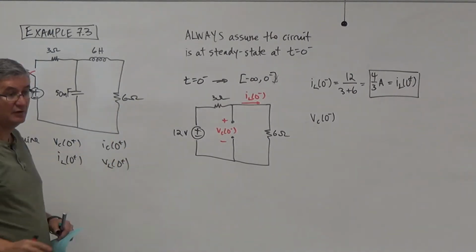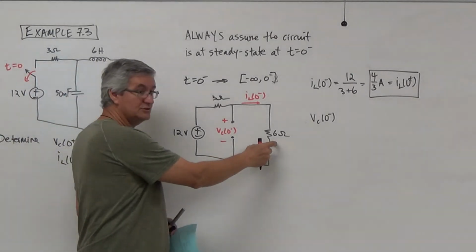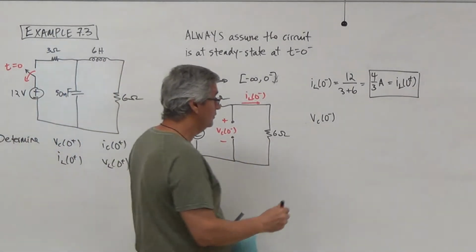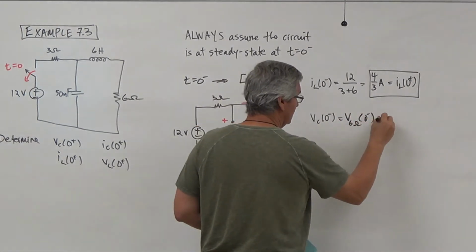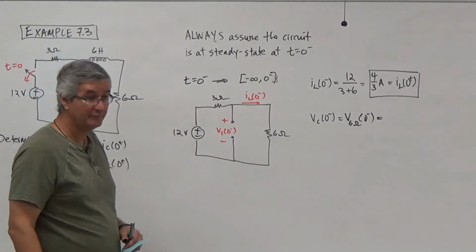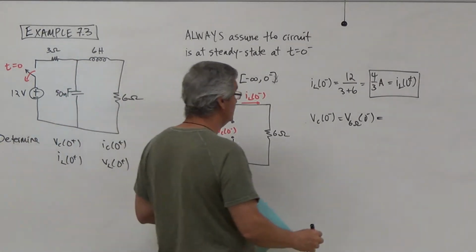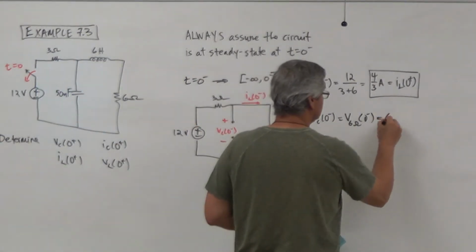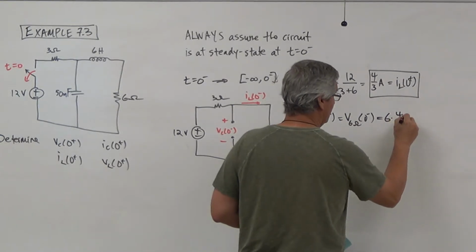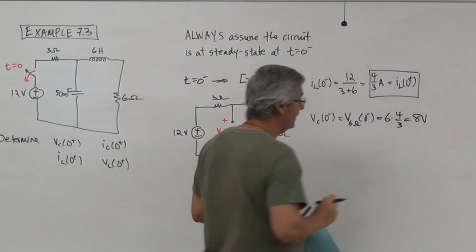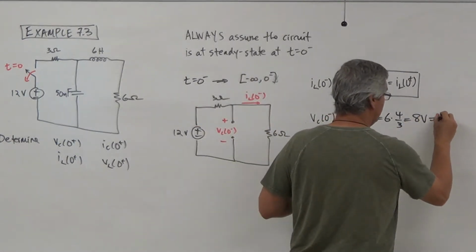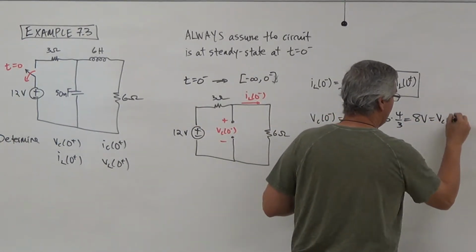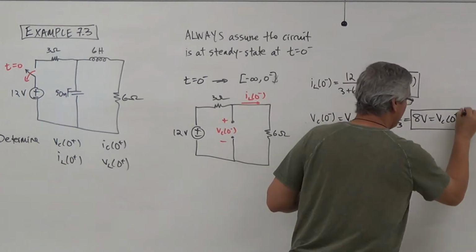Since I know the current, I can get the voltage across the 6 ohm resistor, which has to be the same as at 0 minus. According to Ohm's law, it should be 6 times 4 over 3, which gives me 8 volts. Like I said before, I really don't care about before, I care about afterwards.